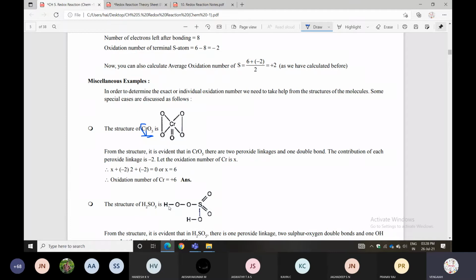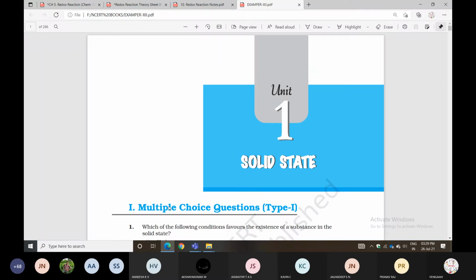In peroxide condition, the oxidation state of oxygen is -1. So 4 oxygens have -1 and 1 oxygen has -2. Overall, chromium has +6 oxidation state. Like that you can solve.